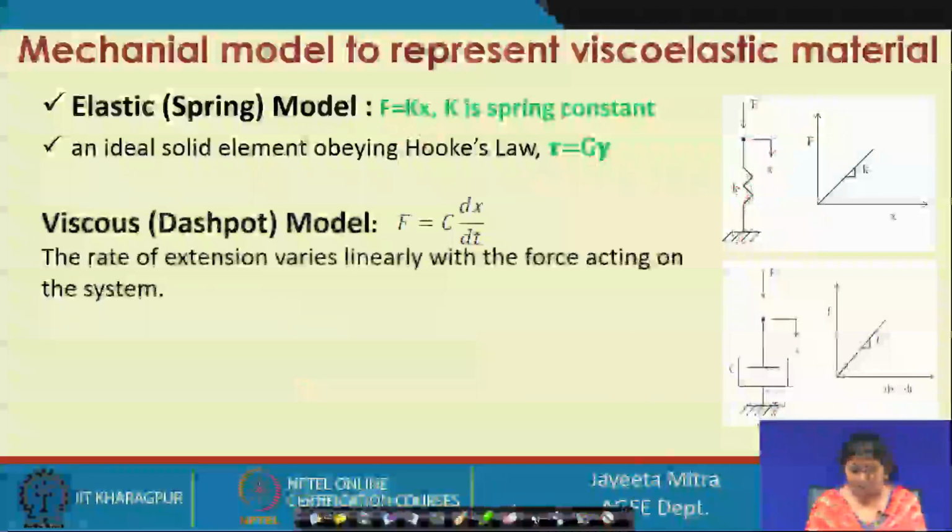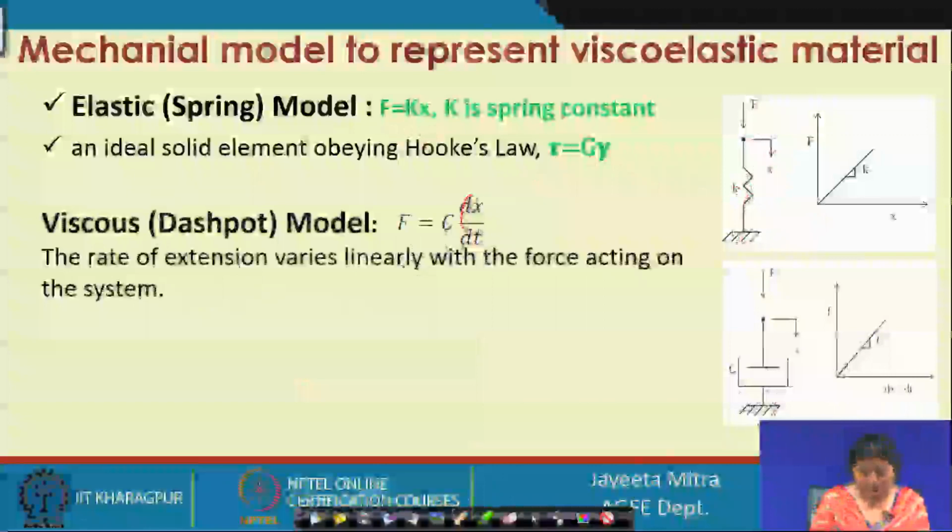The behavior we get here is that the force is proportional to a constant C into dx by dt. So, the flow is expressed by dx by dt. The rate of extension varies linearly with the force acting on the system.